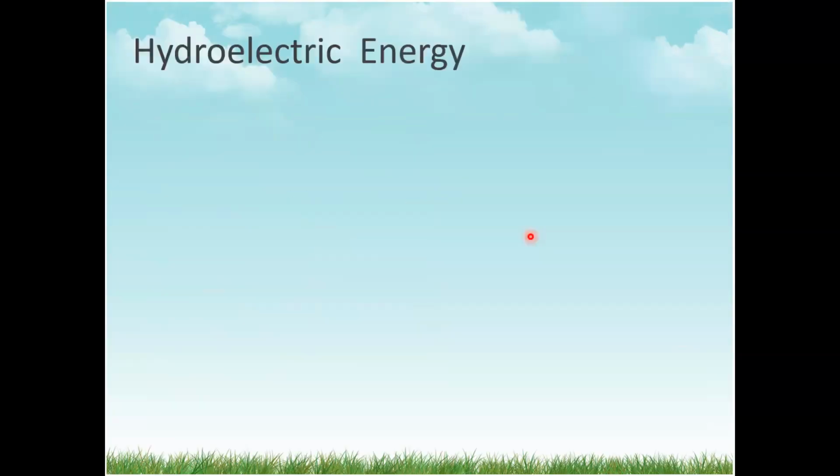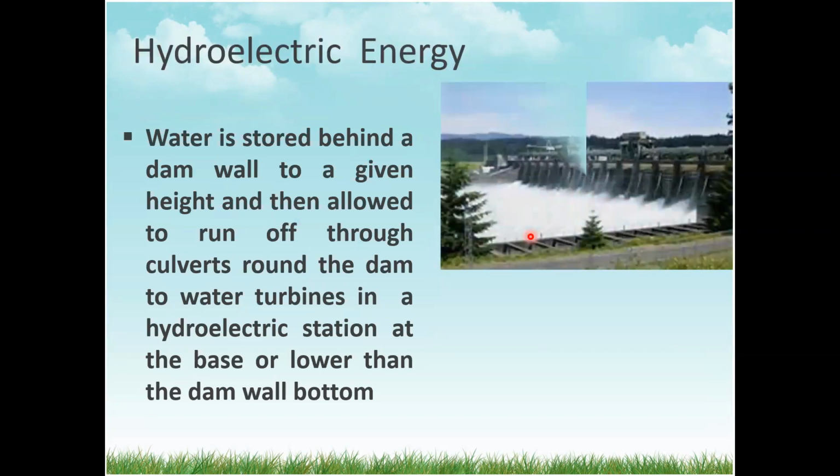So next we have hydroelectric energy, water stored behind a dam to a given height and allowed to run off. There are water turbines at the bottom of the dam which now produce the electricity.